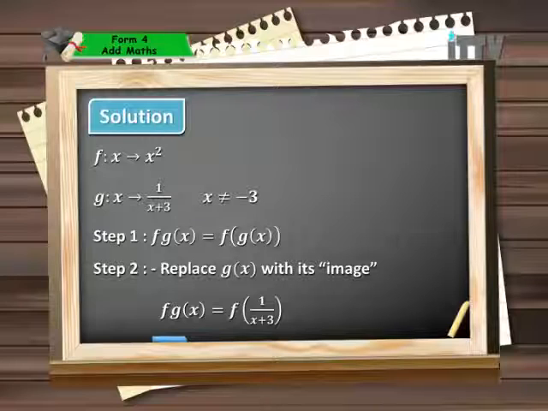Well, what does g(x) do? g(x) changes x values into 1 over x plus 3. That is the image for the function g(x). That's why f of g(x) means f of 1 over x plus 3, because 1 over x plus 3 is the result of conducting function g.